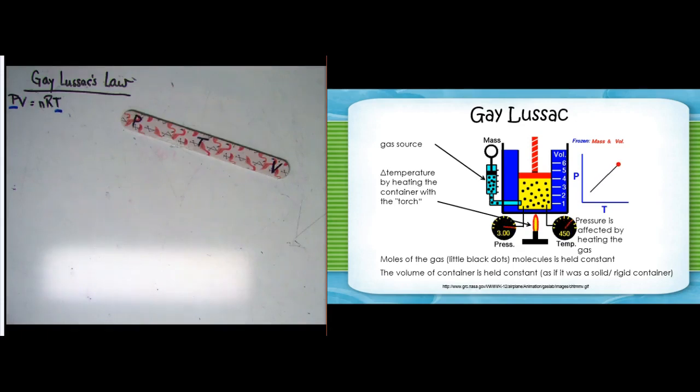All right, so here is the simulation I've shown you pretty much for each one of the different laws. You will see here that the gas source is not adding any additional moles of gas. You can tell that by the fact that the yellow container does not have additional particles of gas.